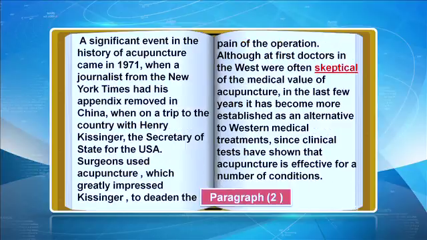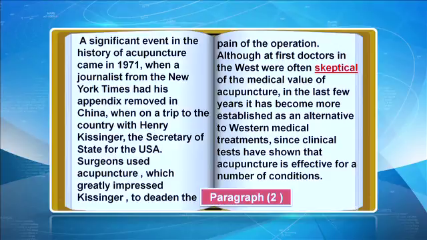A significant event in the history of acupuncture came in 1971 when a journalist from the New York Times had his appendix removed in China. When on a trip to the country with Henry Kissinger, the Secretary of State for the USA, surgeons used acupuncture to deaden the pain of the operation, which greatly impressed Kissinger.